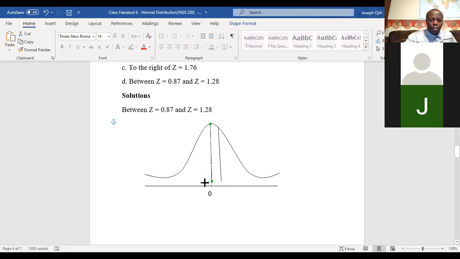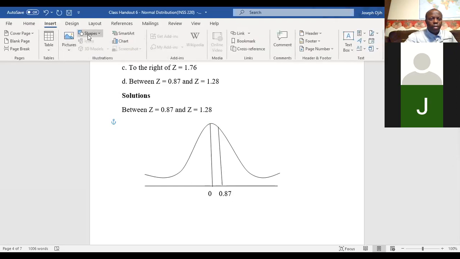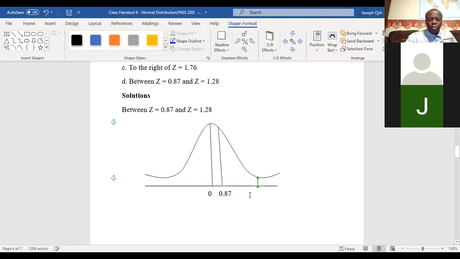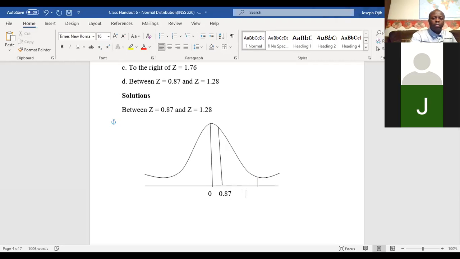So this would be 0.87, and the other one is 1.28. So I'm gonna put 1.28 on this side. Let's say this is 1.28.